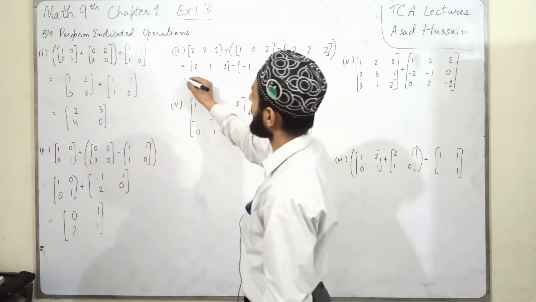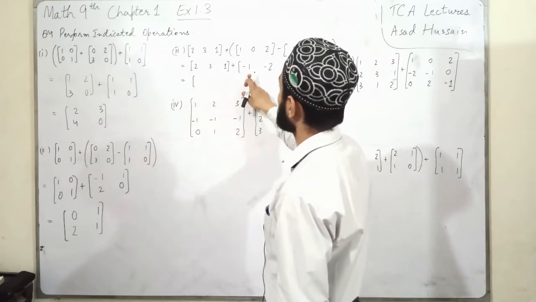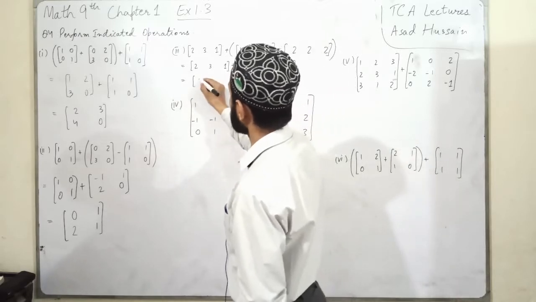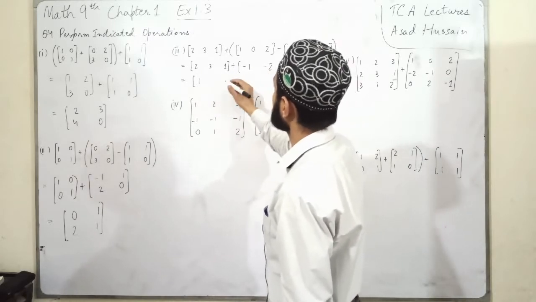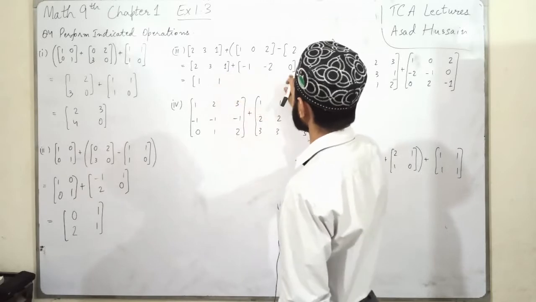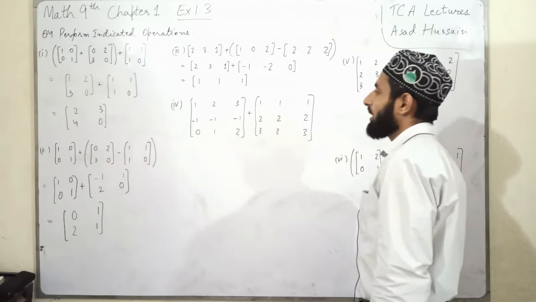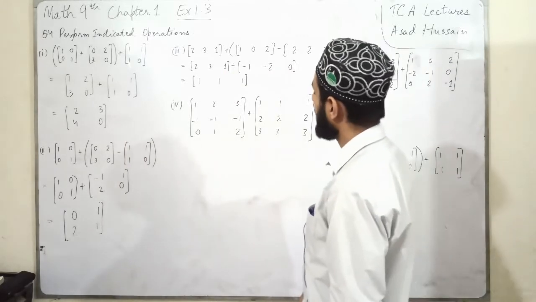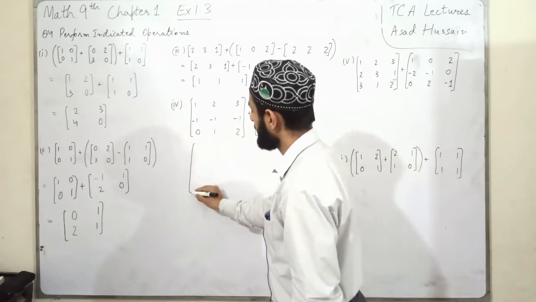Now performing the second indicated operation, 2 plus minus 1 is equal to 2 minus 1, which is 1, 3 plus minus 2 is equal to 3 minus 2, which is 1, 1 plus 0 is equal to 1. Moving on to part number 4, it has only two matrices having the operation of addition.